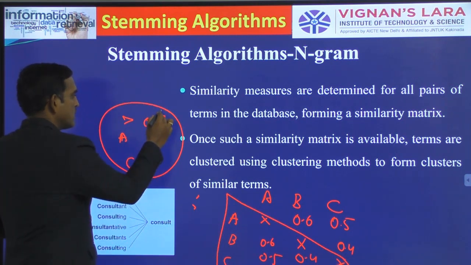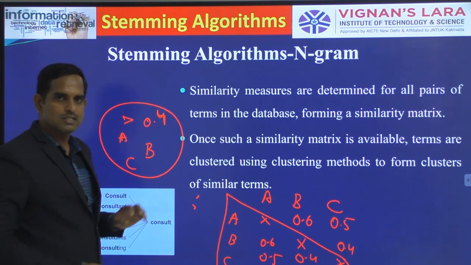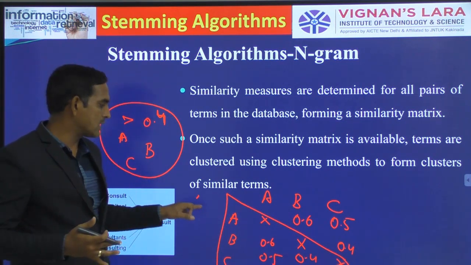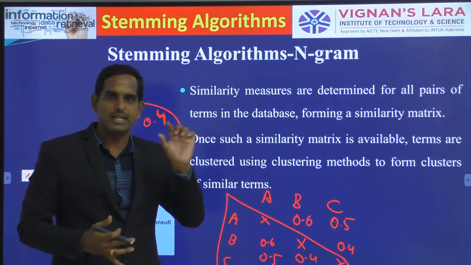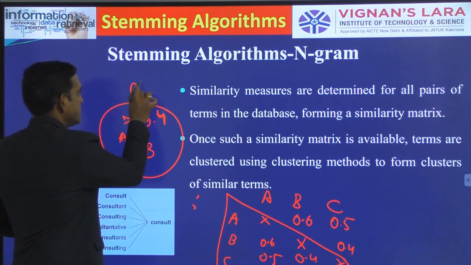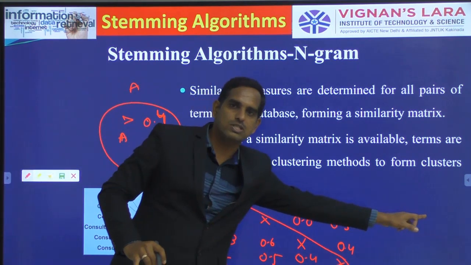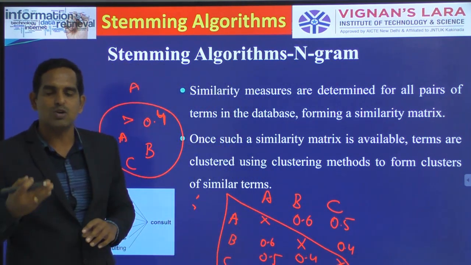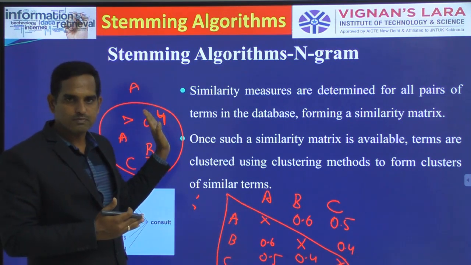That is, if I take this thing as 0.4, that is, if there is a similarity measure of greater than 0.4 between any terms for a particular term. So, if A is the considered term, for A, if I find out all those terms which are having greater than 0.4 similarity measure, I can group them into one cluster.